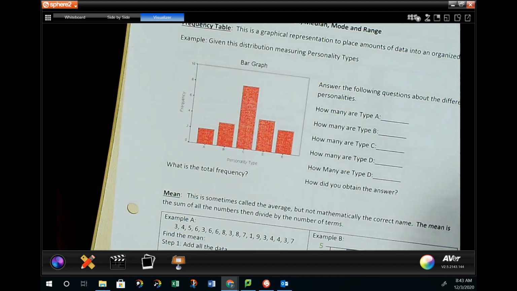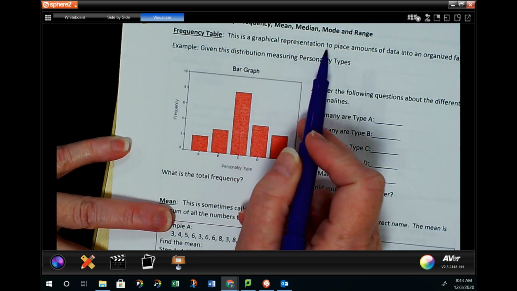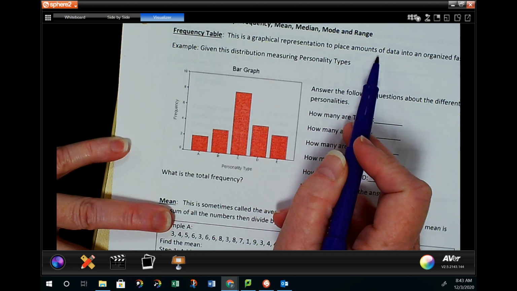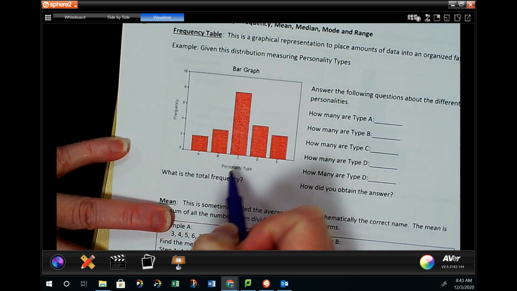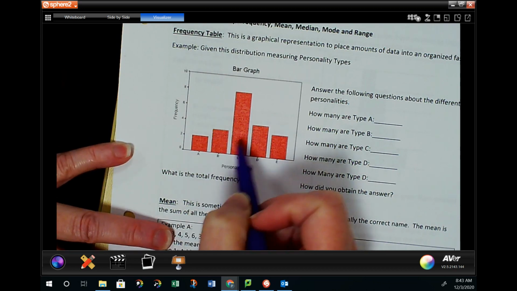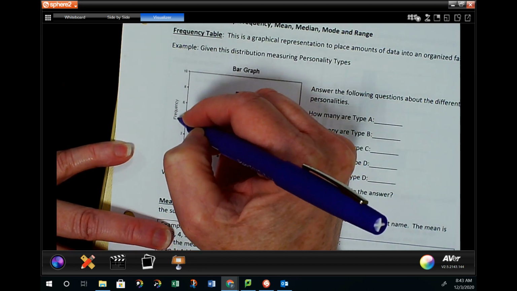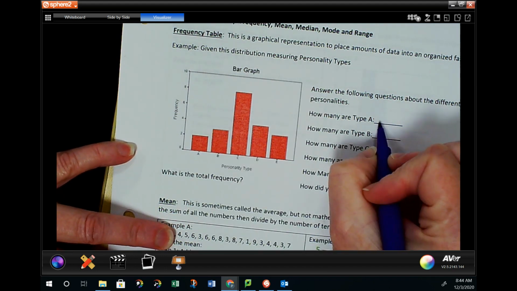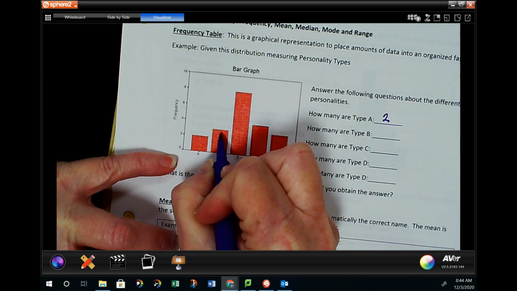So basically this first thing is a graphical representation to place the amounts of data. So here's all this data. It's type A, B, C, D, and E, personality traits. And then here's the number of people. So frequency means the number of people that are given. So how many people are type A? This would be 2. How many people are type B?